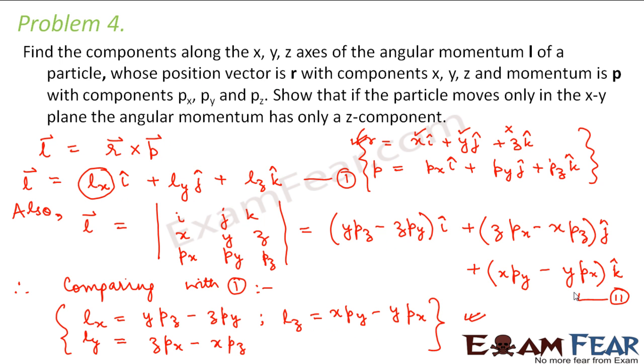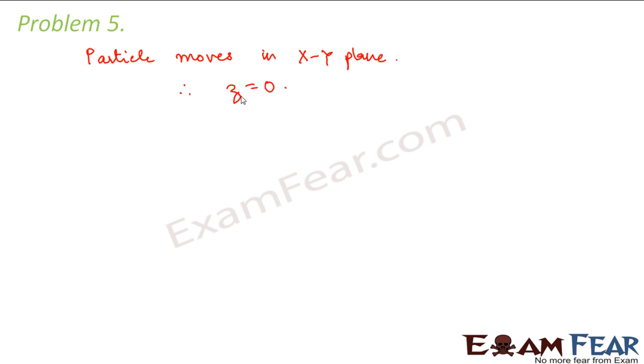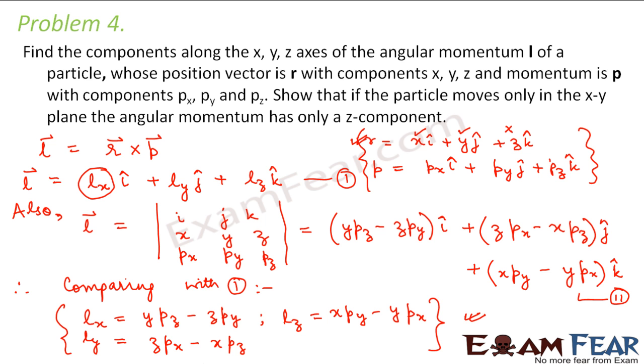Not only z, but pz also becomes 0, because when there is no movement along the z axis, from where will the momentum come along the z axis? So if you put z equal to 0 and pz equal to 0 in the expressions we obtained so far, in this and again here, z is equal to 0 and pz is equal to 0.